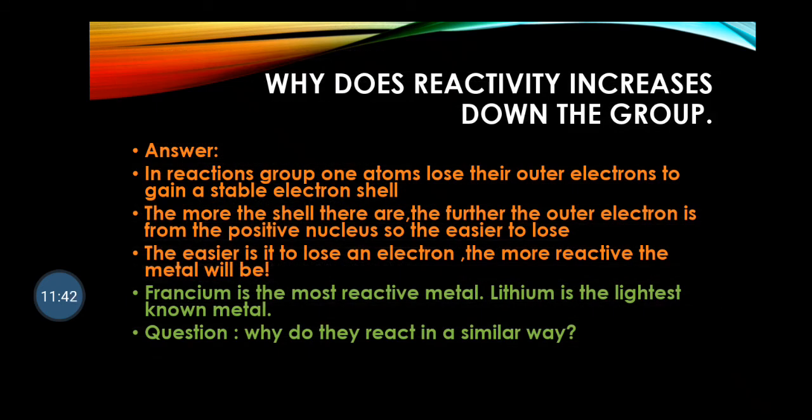So why does reactivity increase down the group? Very simple. The reason why the reactivity of group 1 metals increases down the group is because there is a higher tendency, as you go down the group, for easier loss of electrons from the outermost shell, because the electron is far from the nucleus. The farther the electron is from the nucleus, the weaker the strength of the nucleus to attract it to itself.